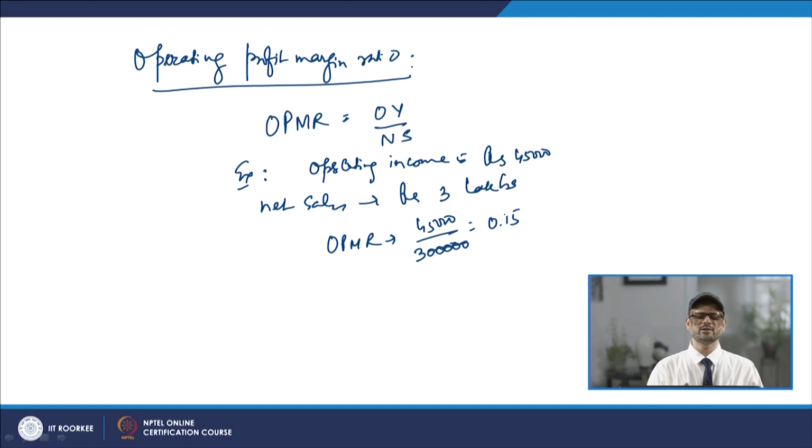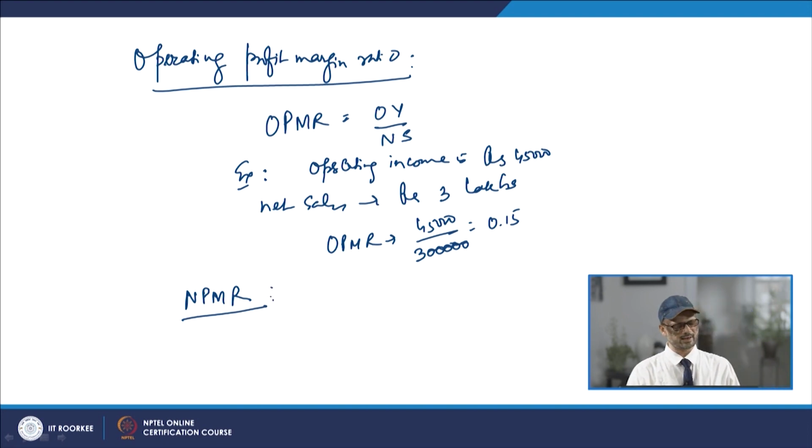Next, the ratio which is again important is the net profit margin ratio. The net profit margin ratio is related to the net profit, so it will be the ratio of net profit by net sales.